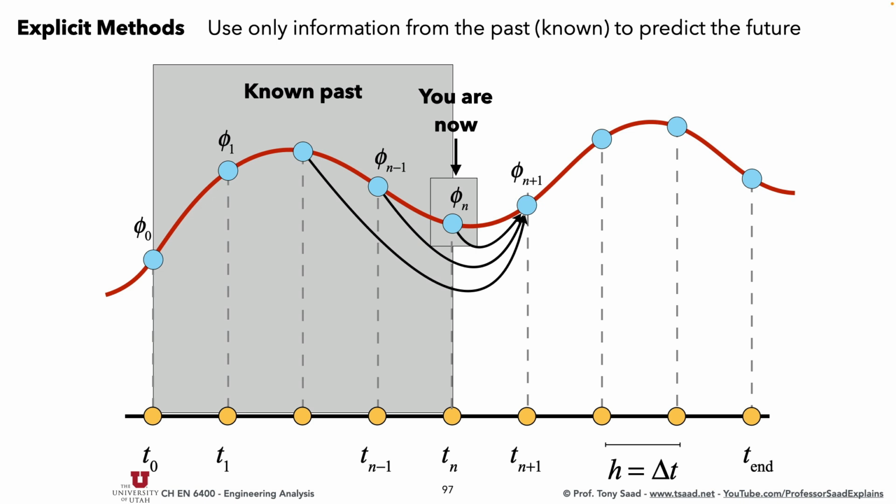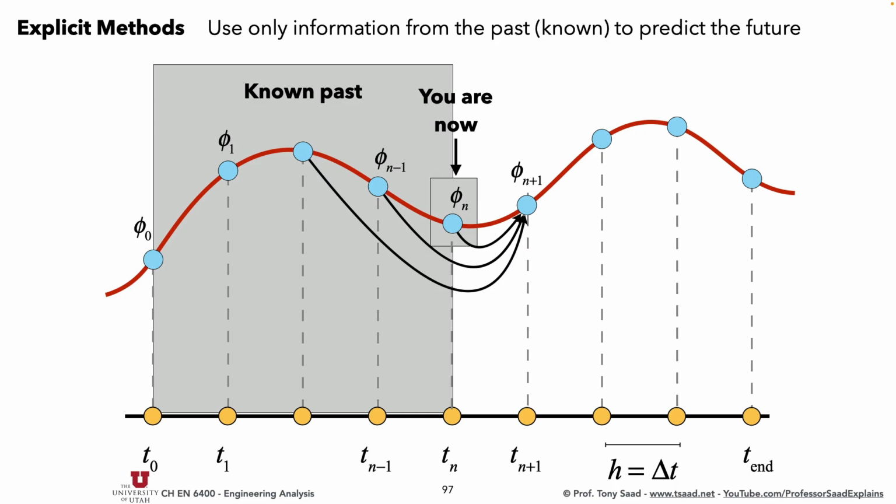Roughly speaking, for explicit methods, because this is time, not location, you are now at phi n. You have information from the past, your initial condition, or every previous time step that you calculated. You have all of this information, and you already know this value here.